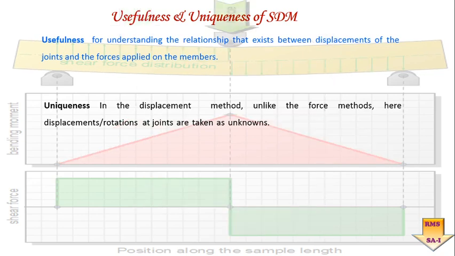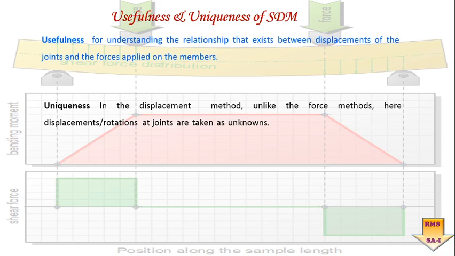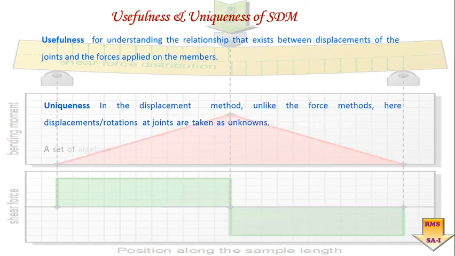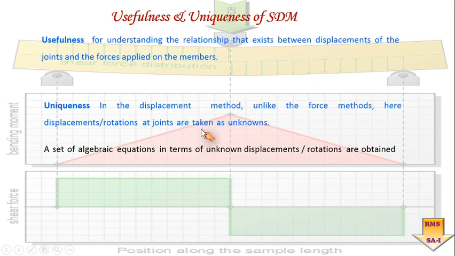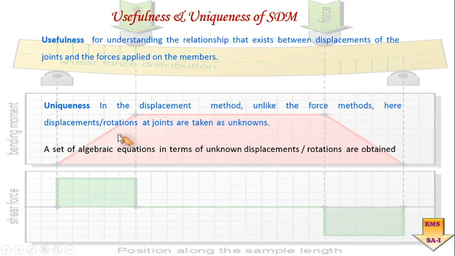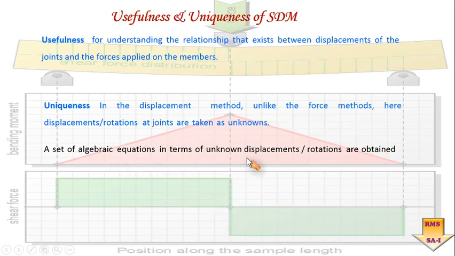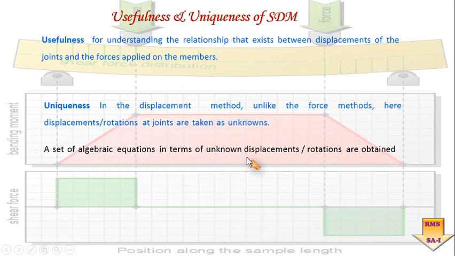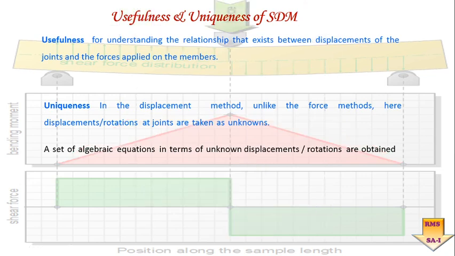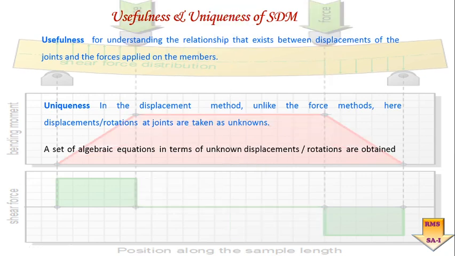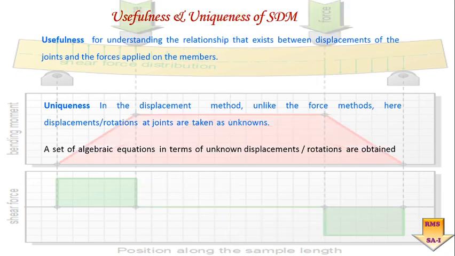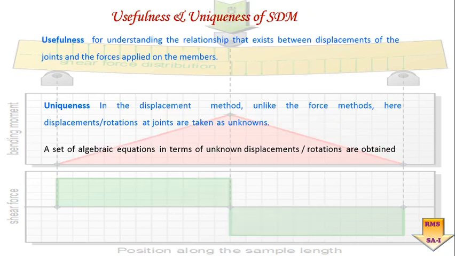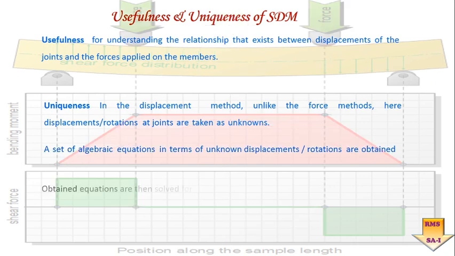So this is the uniqueness of this method. Beyond that, what is the further uniqueness? After understanding the displacement about a particular joint, in that member we are going to have a set of algebraic equations in terms of the displacements. Once we find this set of algebraic equations, we know what is to be done. We have to solve them simultaneously and find the redundant unknowns in this particular problem.